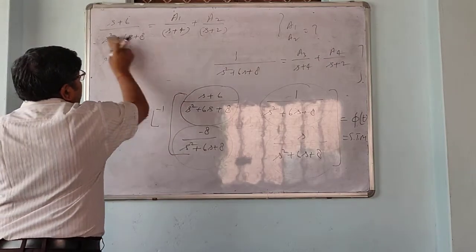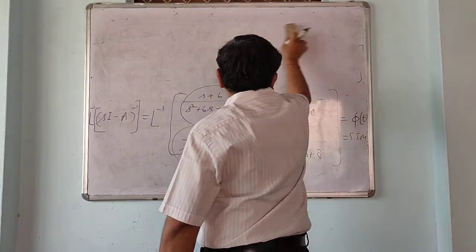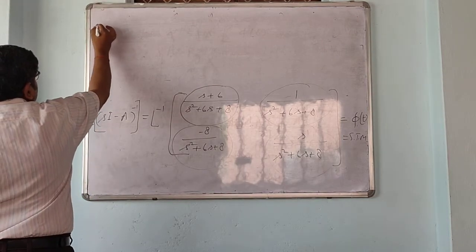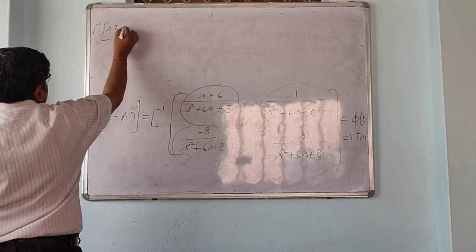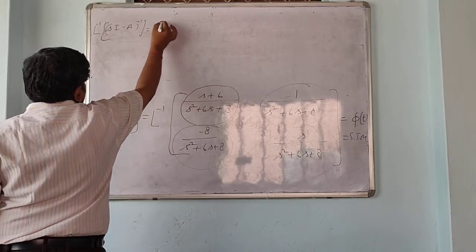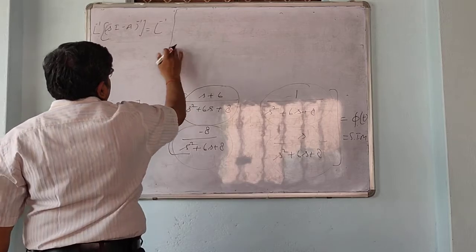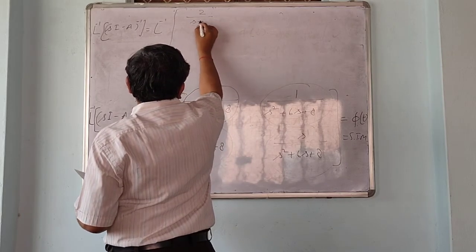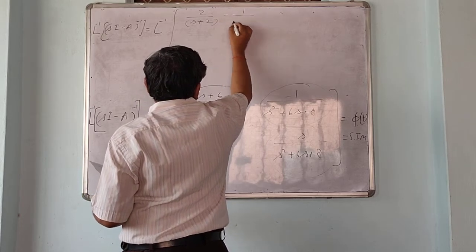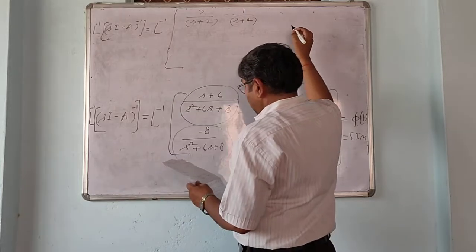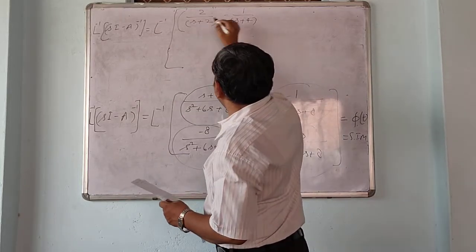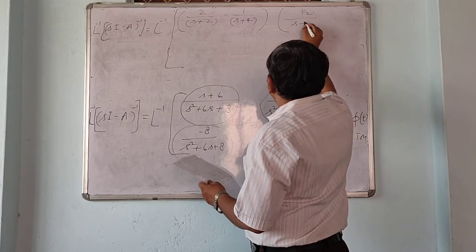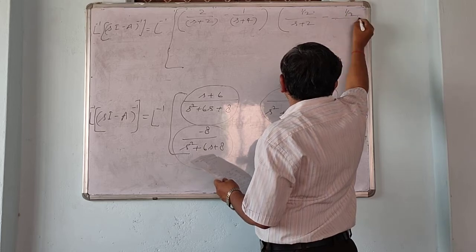All coefficients can be calculated by using the partial fraction method. After calculation of coefficients, we can write the matrix. The first term is 2 upon s plus 2 minus 1 upon s plus 4. The second term is half upon s plus 2 minus half upon s plus 4.